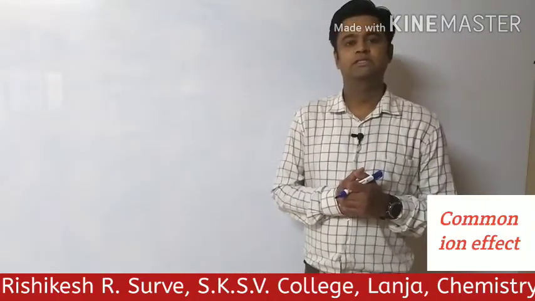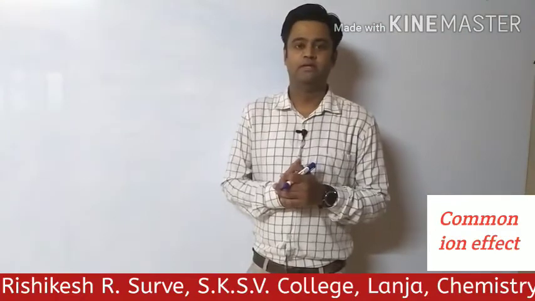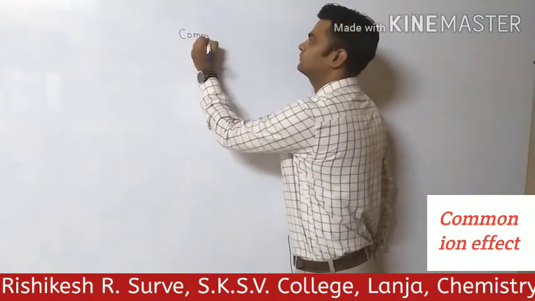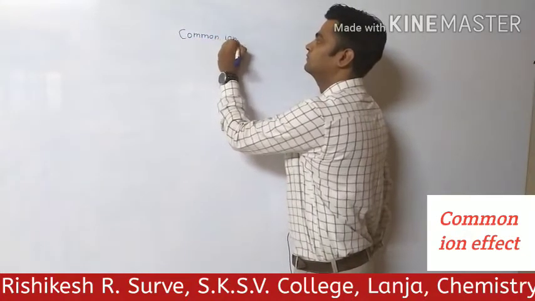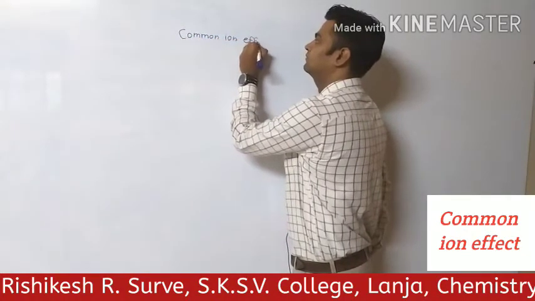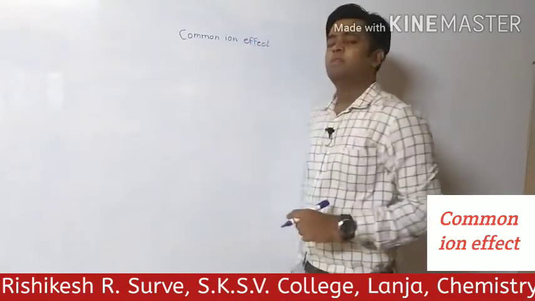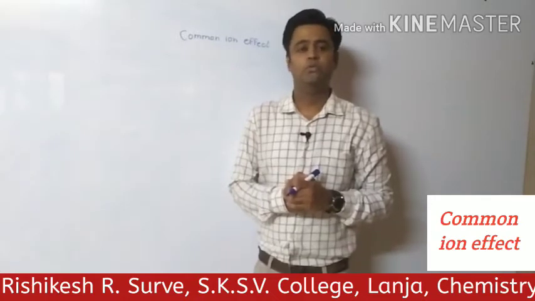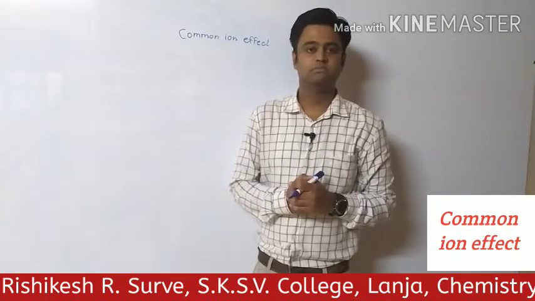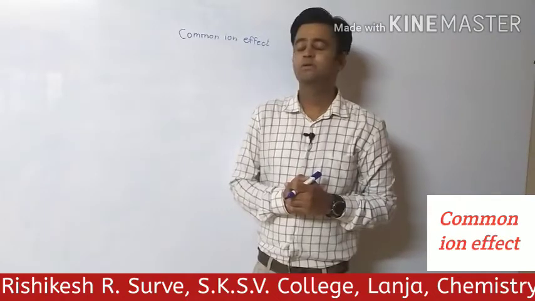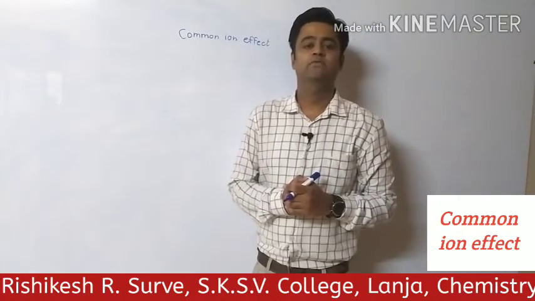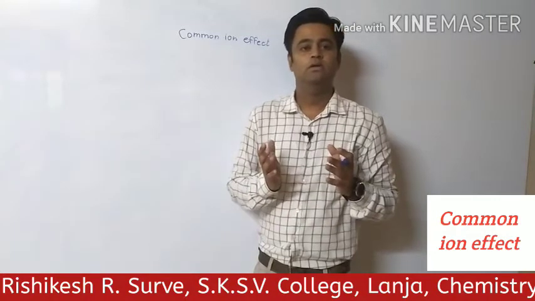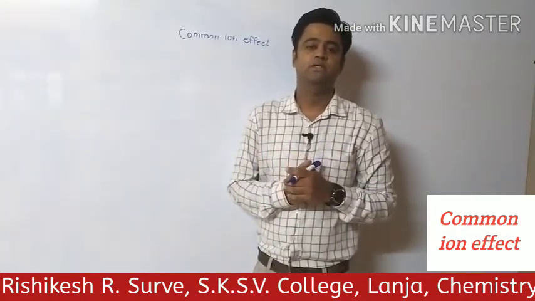Next up, we will see the common ion effect. This effect is also an important term in inorganic qualitative analysis. As we know, there are certain weak electrolytes which have very low dissolving capacity in a particular solvent.